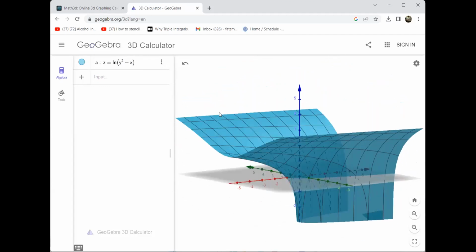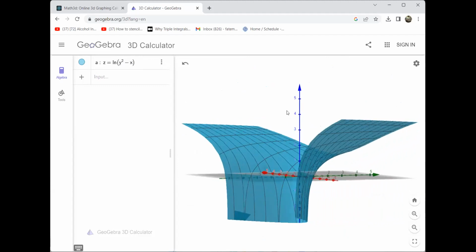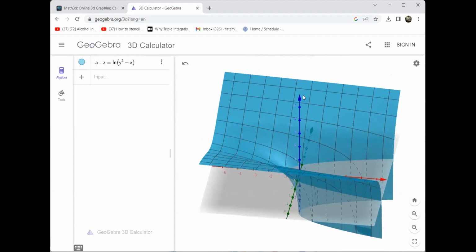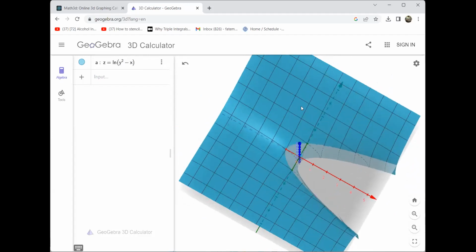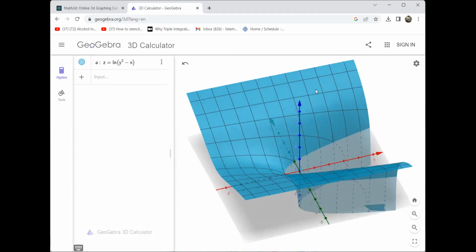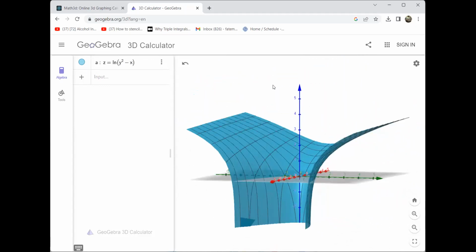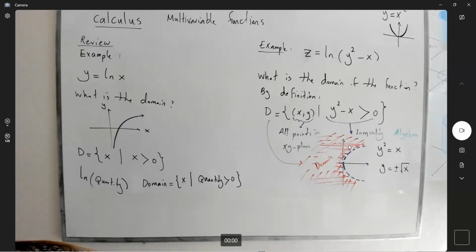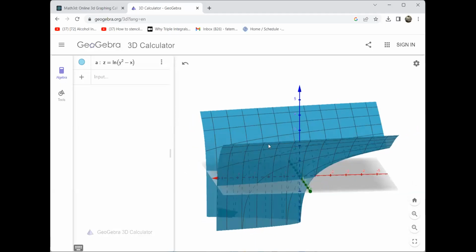Well, this is the object in 3 dimensions, guys. And as you can see, if you look at the shaded area, you can check the domain. We already graphed the domain on the whiteboard here for you. Here we have a 3D visualization of our expectation.